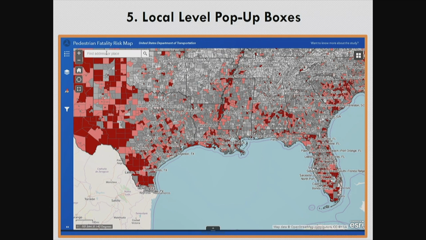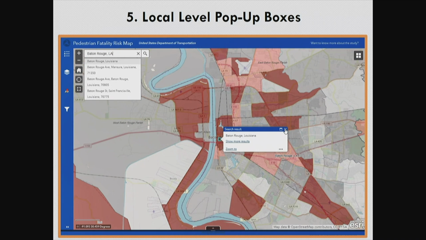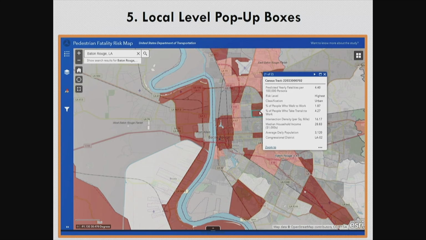So this one is pretty intuitive. The way the map is set up, you're only able to click on a tract and have it show these values when you've zoomed in to a local level. So using the search box at the top, which is an alternative way to reach places other than the zoom tool that we showed earlier, you can zoom into an area and take a look at the individual tract.